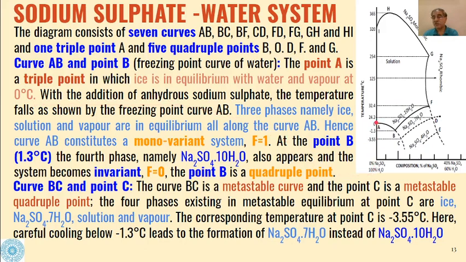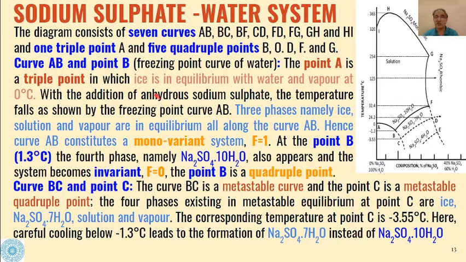And as we move from A to B, that means as we lower the temperature, the concentration of sodium sulfate goes on increasing, and the concentration of water goes on decreasing. So along the line, this is called the freezing point curve of water.